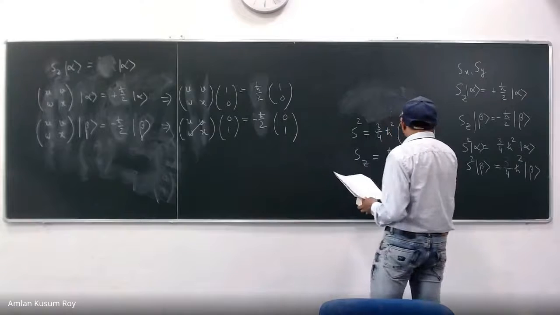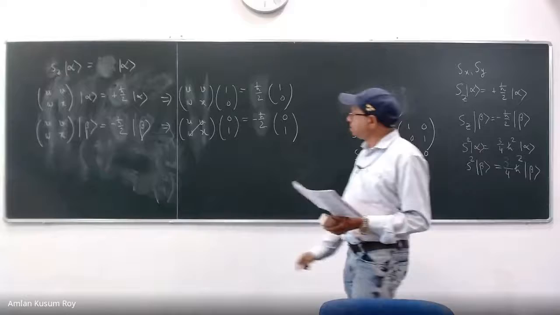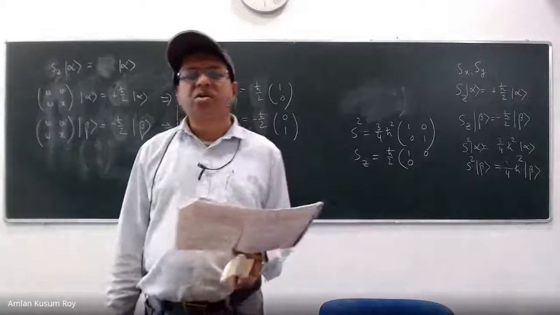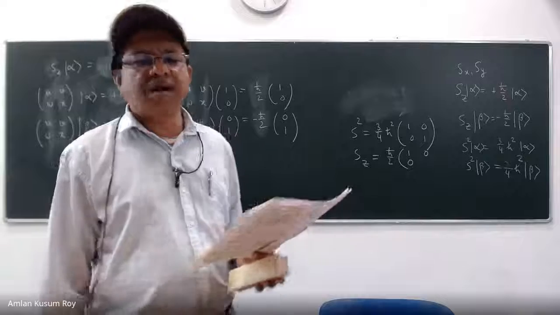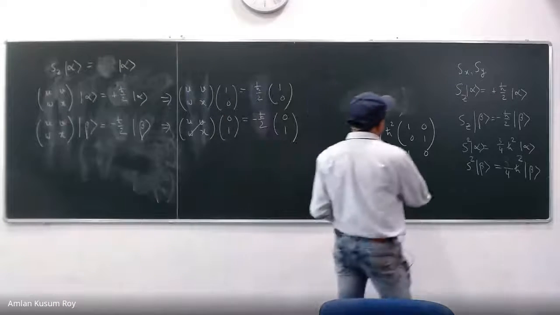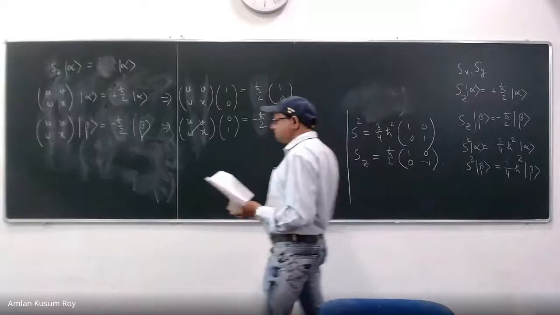But there should be something. X should be minus. That's right. So these are the two matrices I got.